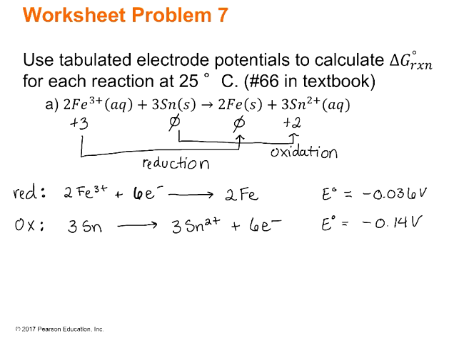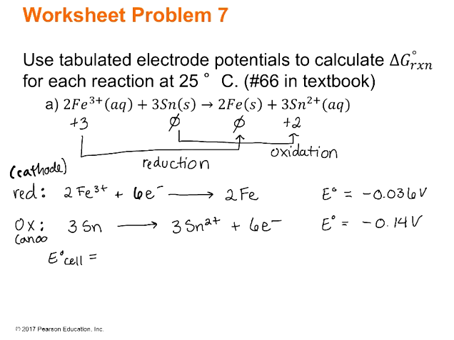Okay, so let's calculate E cell. And remember, it's cathode minus anode. So is the reduction half reaction at the cathode or the anode? It's at the cathode. And is oxidation at the cathode or the anode?